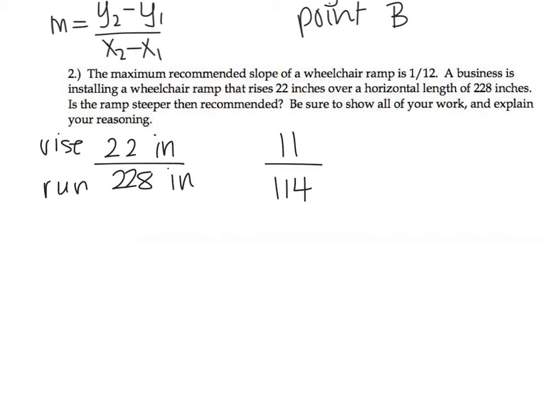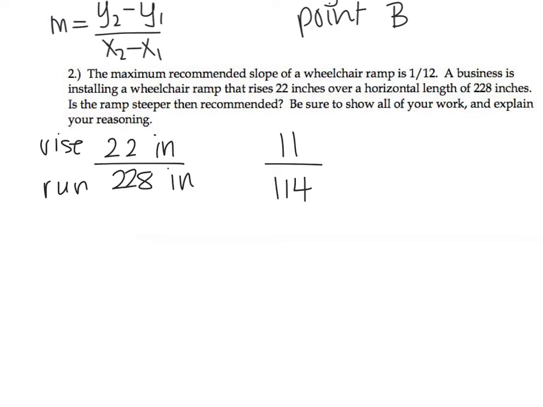Now, if we look, we want the numerator to be 1 and the denominator to be 12. Well, the only way for our numerator to be 1 is if we divide 11 by 11. So 11 divided by 11 is 1. But let's see if 114 divided by 11 gives 12.